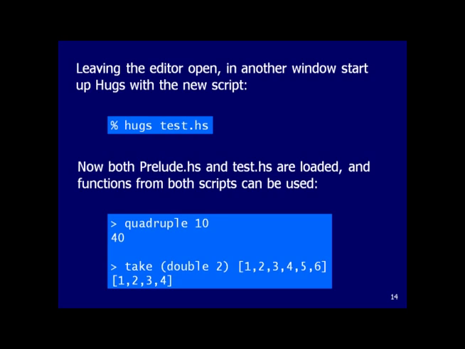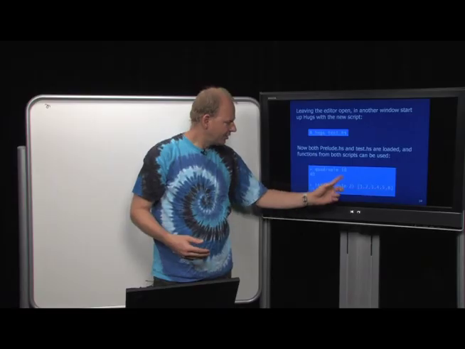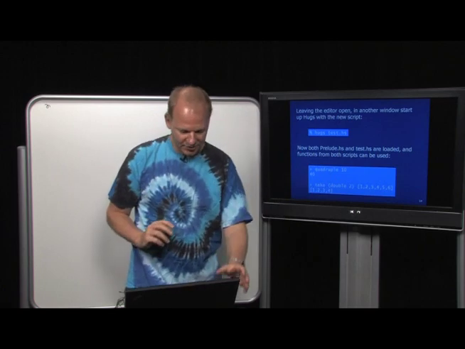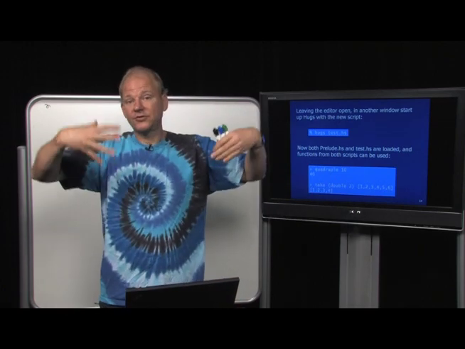And now I can take the first 4 elements of this list. And here again, you see this very expression-oriented style, where I write a complicated expression that uses all kinds of functions to do something more complicated.